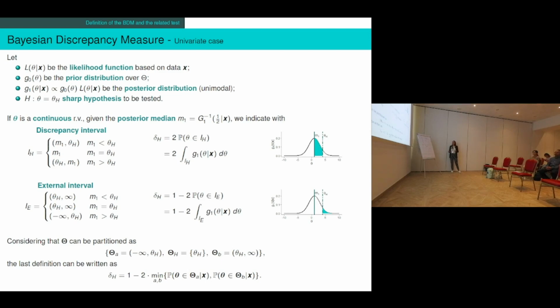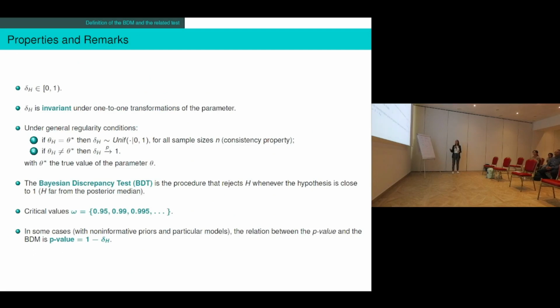Okay, so we can see that the Bayesian discrepancy measure belongs to the interval 0,1, as the p-value does, since the posterior probabilities that we compute are in the interval 0, 1/2. The Bayesian discrepancy measure has some properties.